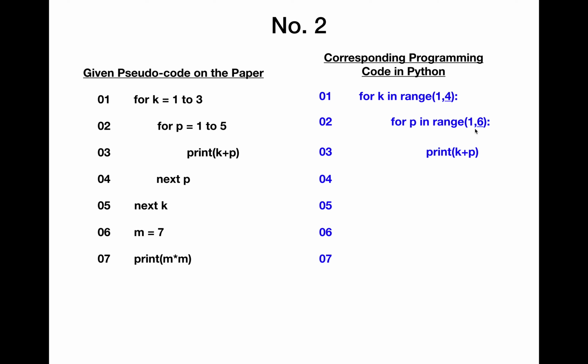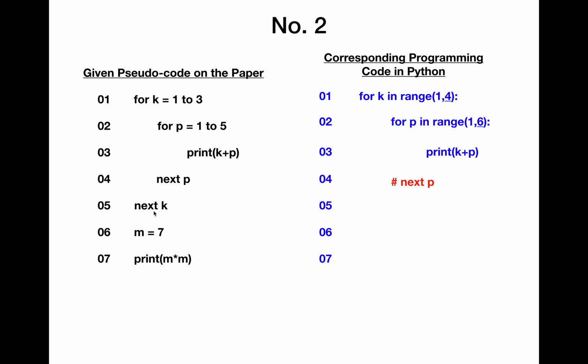And line 4 reads next p, and this line 4 closes the inner loop started in line 2 here. Some programming languages do have a closing statement for loops, like for loops, but Python doesn't explicitly have a closing statement. But nevertheless, what I'm going to put here is next p with a comment here, so that we can associate it with line 4 in the pseudocode.